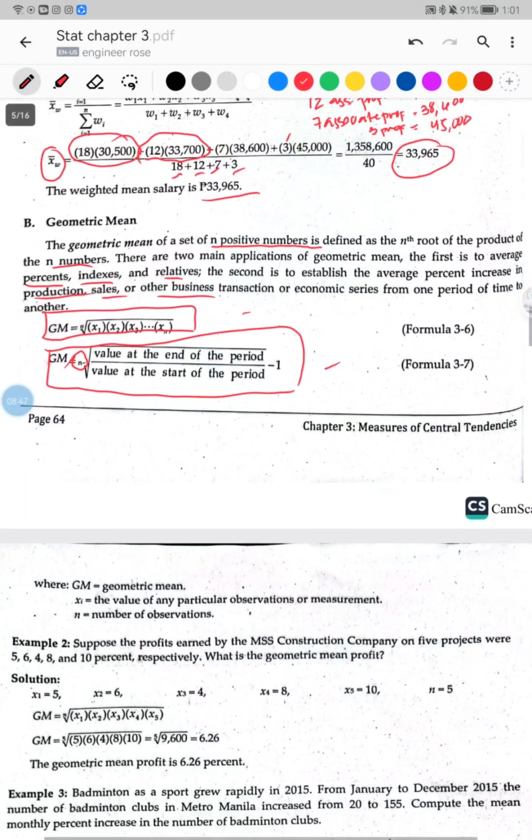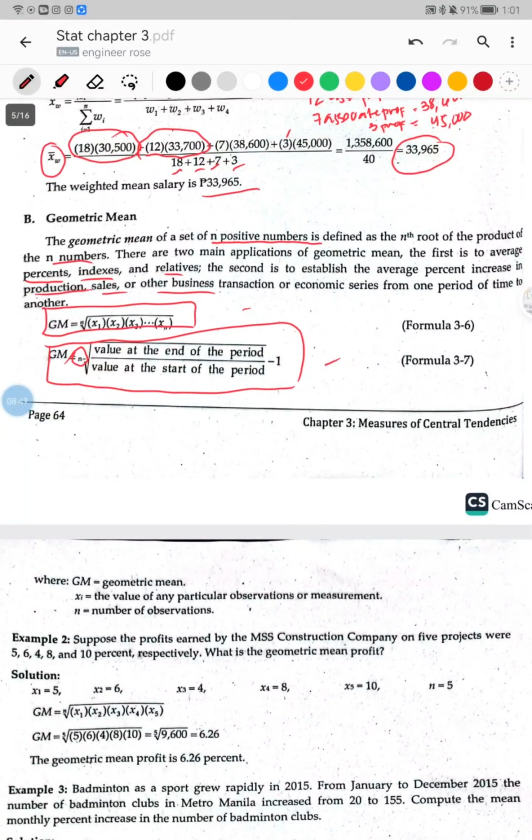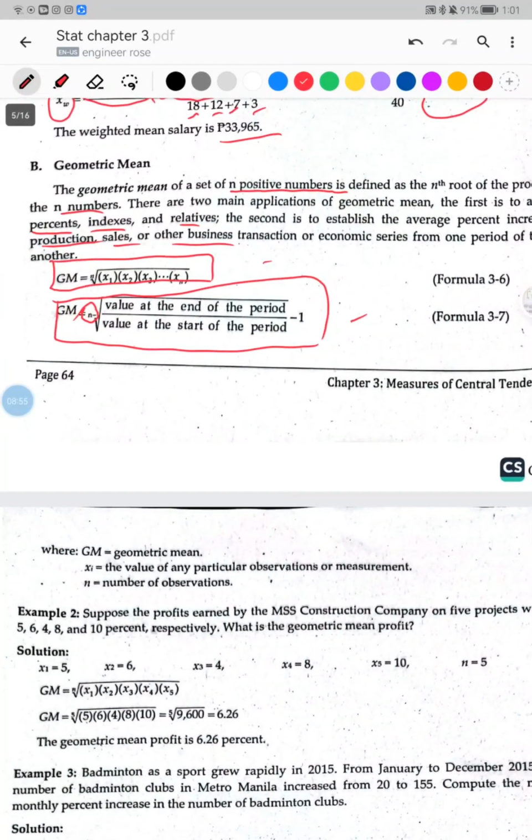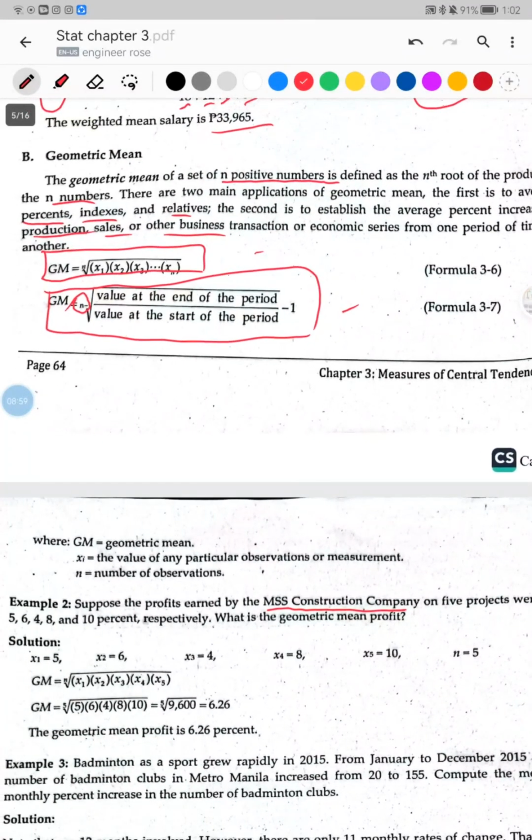For example, suppose the profits earned by the SSS Construction Company on 5 projects were 5, 6, 4, 8, and 10% respectively. What is the geometric mean profit? Since there are 5, that is the n.